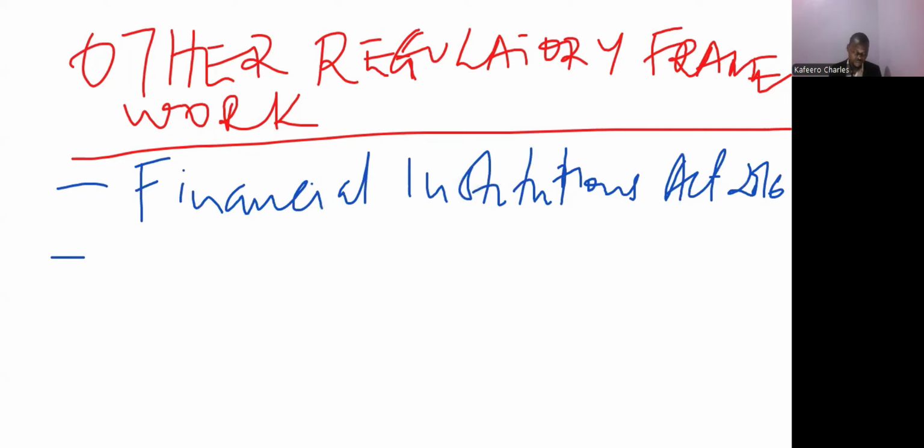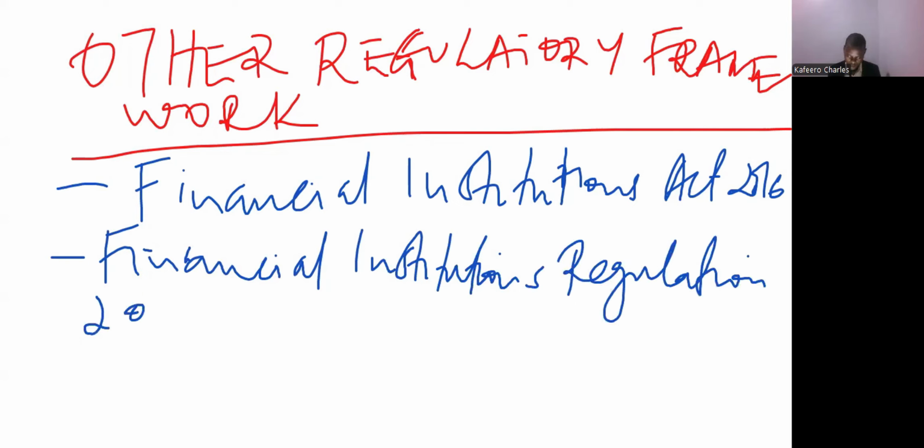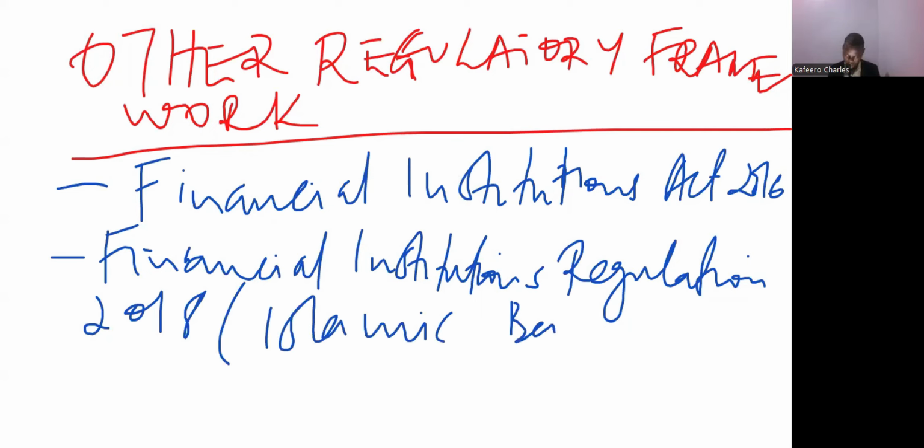Number two, of course, when there is an act, expect there to be a regulation. The act is always brief, but the regulations are always detailed. These regulations give a detailed analysis of what the act actually means. So we also have the Financial Institutions Regulations 2018, but this is basically Islamic banking.